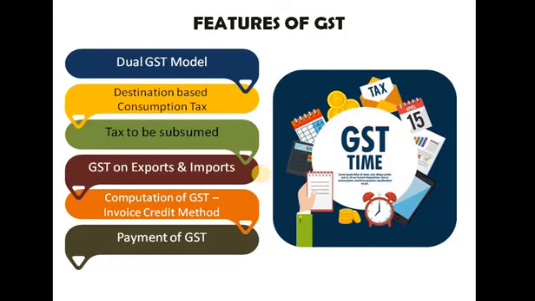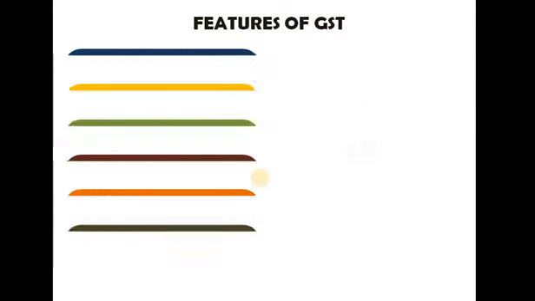So here everything is online, which will be much more convenient for the manufacturer as well as for the consumer. So the payment system will be very convenient. Once we have registered, based on the GST identification number we have, the online payment is much easier.